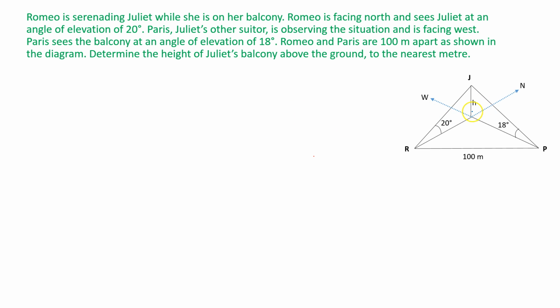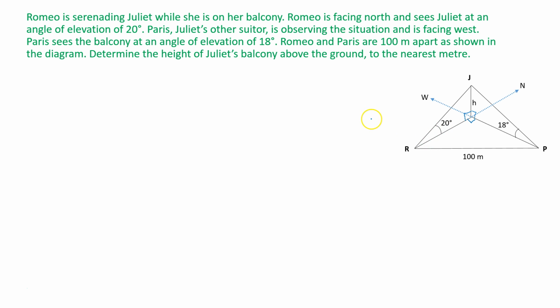So this would be 90. And similarly, this would also be 90. And because Romeo is facing north and Paris is facing west, then this angle here is also 90 degrees. Okay, so we have three right angle triangles.